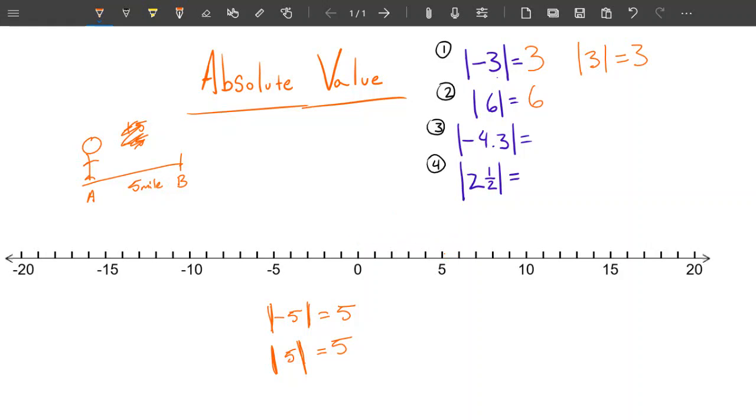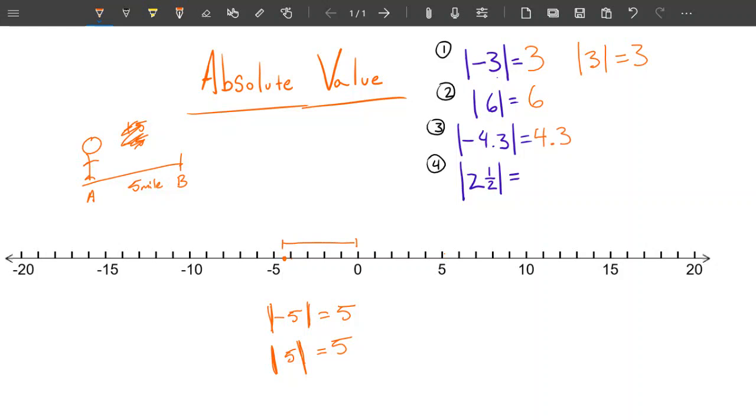How about negative 4 and 3/10? So negative 4 is right here, negative 4 and 3/10 maybe about right there. How far is negative 4 and 3/10 from 0? It is 4 and 3/10 units.